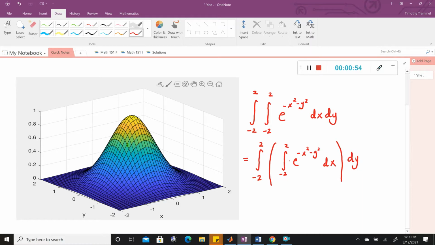So what we'll be doing is integrating with respect to x first, and then we'll integrate with respect to y after that. And what I want you to think about is if we were to pick some specific y values to find the integral.